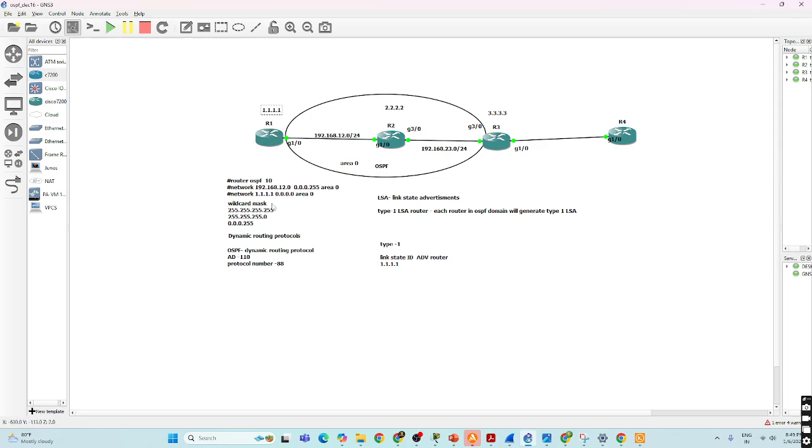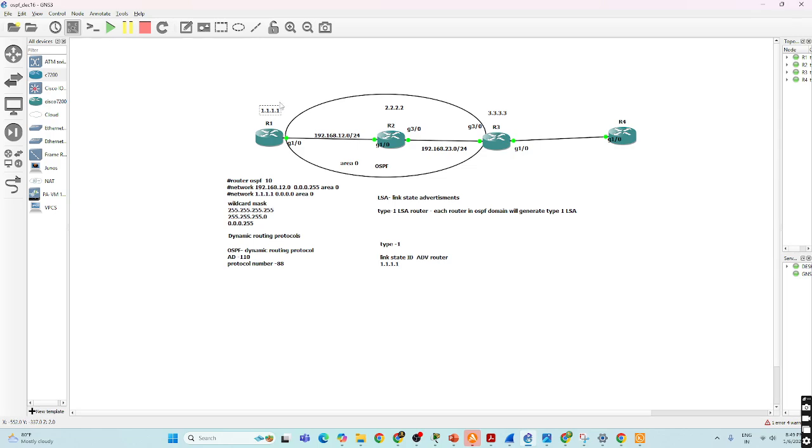What do you mean by router ID? I didn't explain router ID, right? Router ID is a name. My name is Ramesh, right? It's my identification. Similarly, in a routing domain, whatever the routing protocol, the router should have a name. The name is called the router ID, and it is represented as an IP address. But this IP address is not pingable. It's just a name and is not used anywhere to carry data.